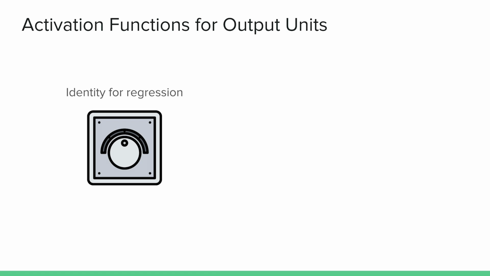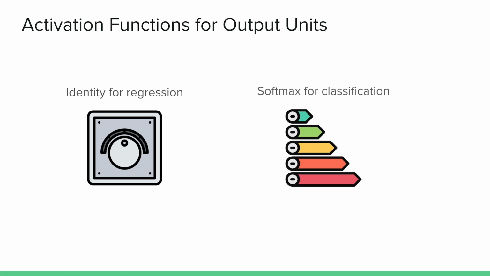If we want regression, we can use a very simple thing like the identity function, just output whatever we want. If we want to measure the distance between two objects, the distance could be the output of our image. And if we have a classification problem, we could use a so-called softmax activation function.